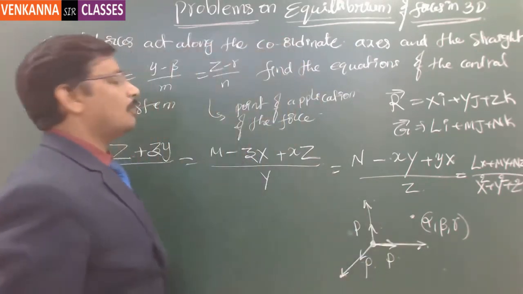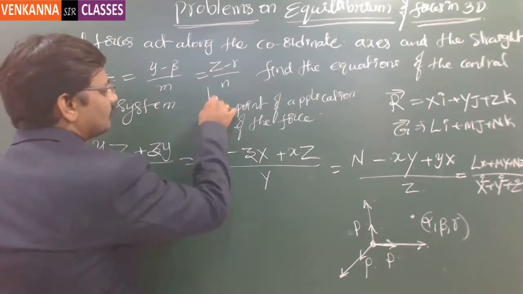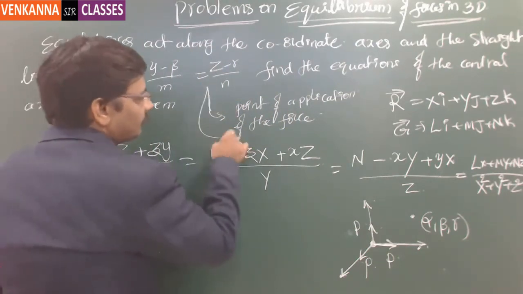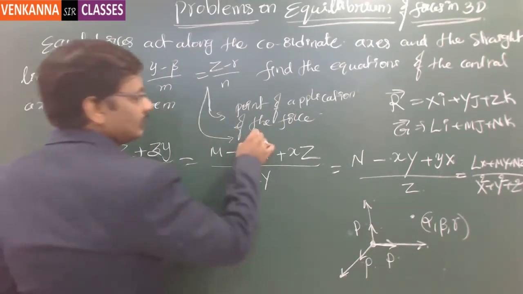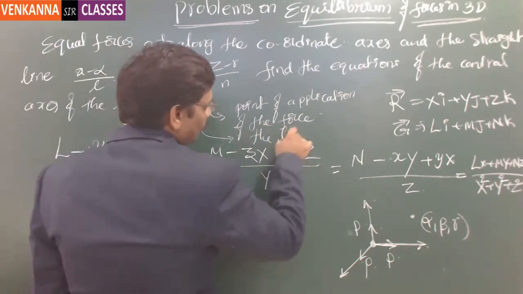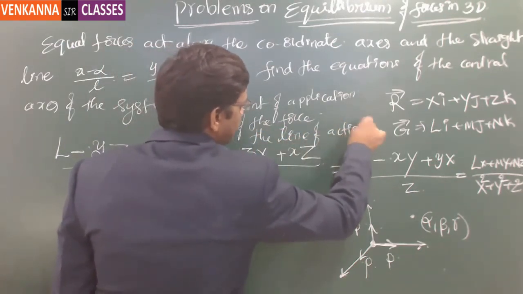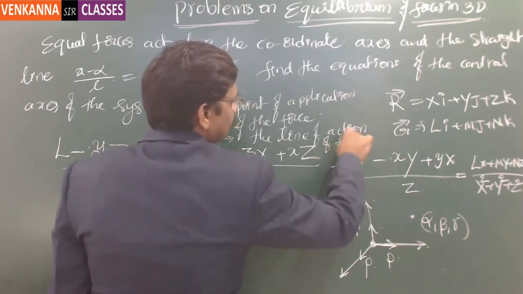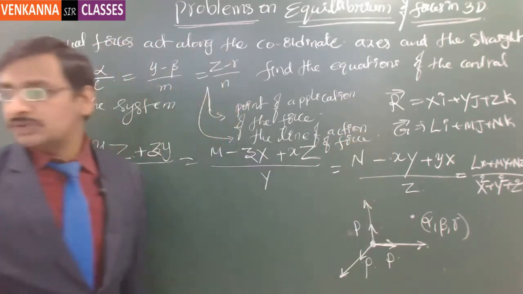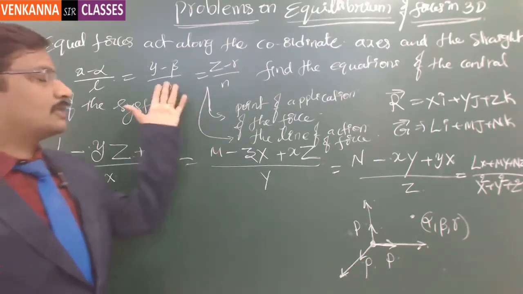So one is the point of application of the force, which you can get from this, and one more piece of information you can get from here is the line of action of the force. The line of action of the force you will also be able to get from this equation.